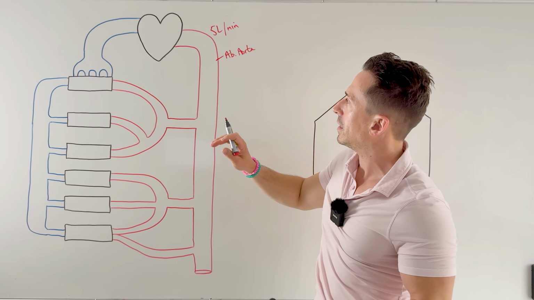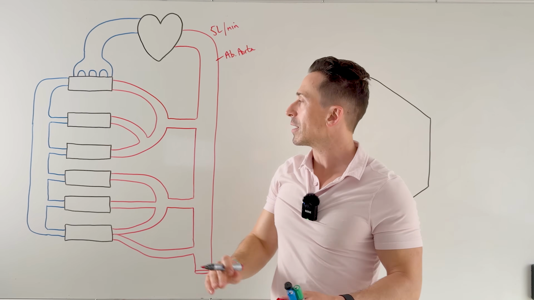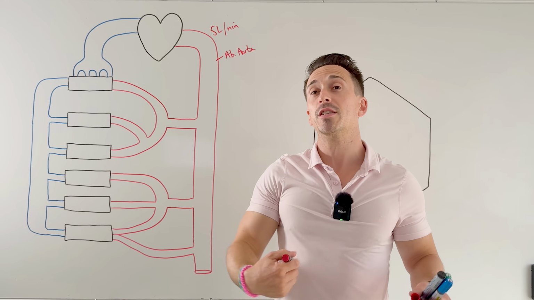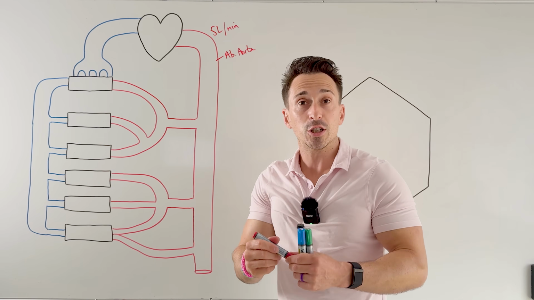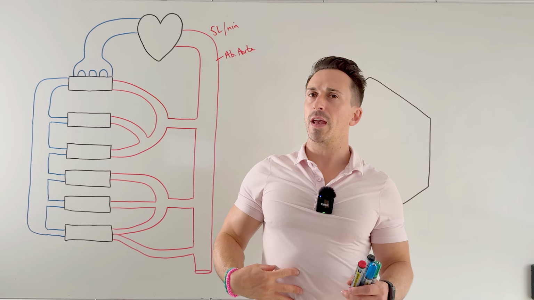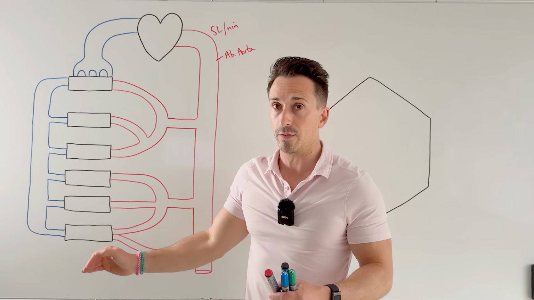Now, of this 5 liters, once it's in the abdomen, how much gets sent off to all the different viscera or digestive organs of our digestive system? Well, firstly, there are 3 major branches of the abdominal aorta that feed these digestive organs.